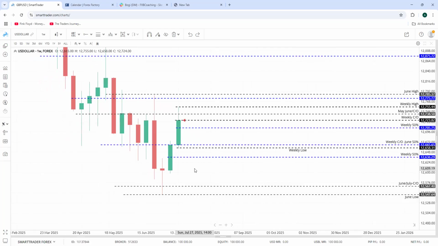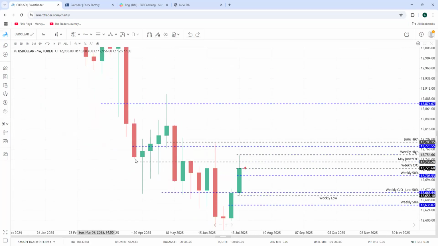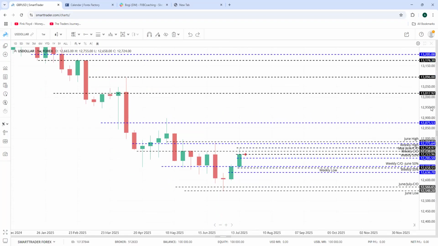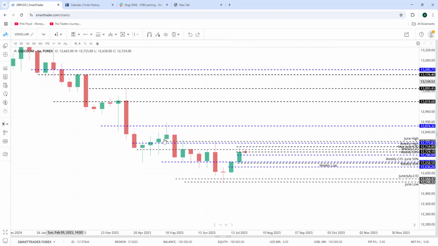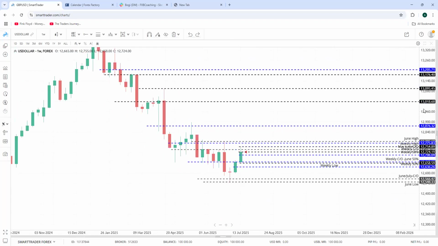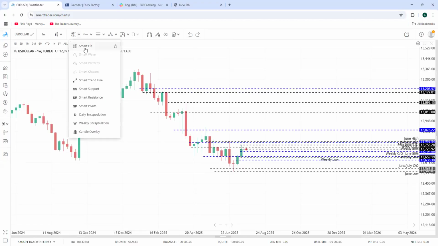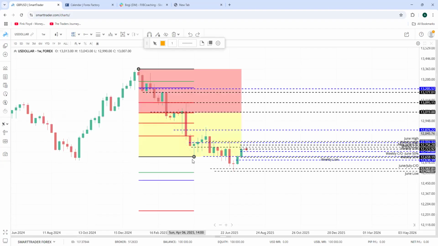Now, the other thing we're going to do is check any Fibonacci scenario. So we can see quite a downtrend here. We're going to go from the high to the low. We use our Fibonacci tool. And we've got a swing here, right?